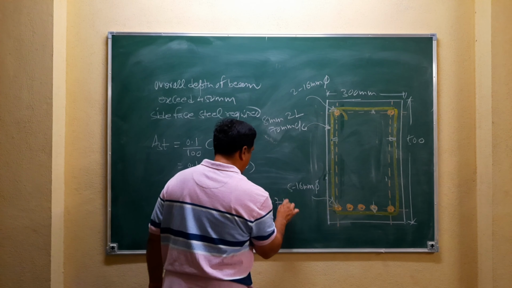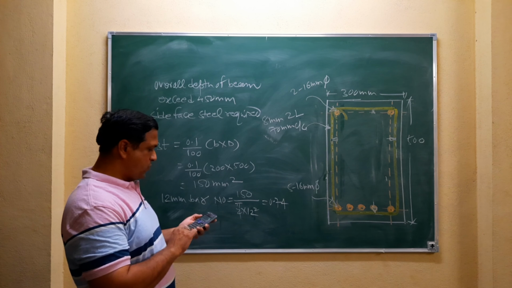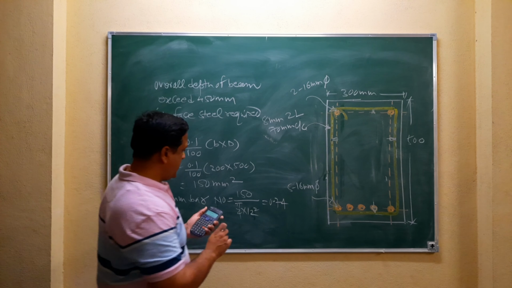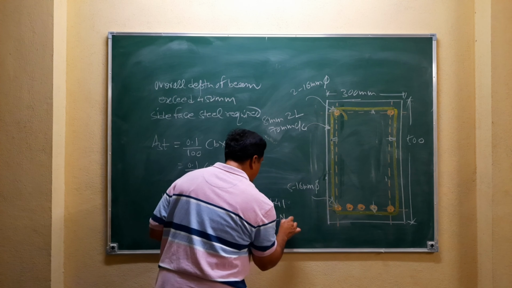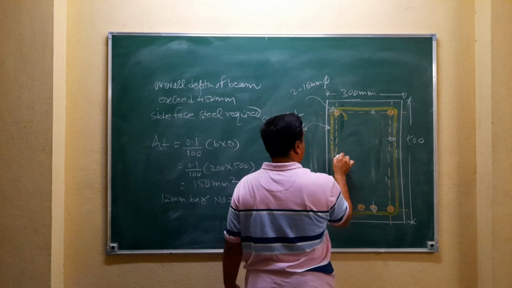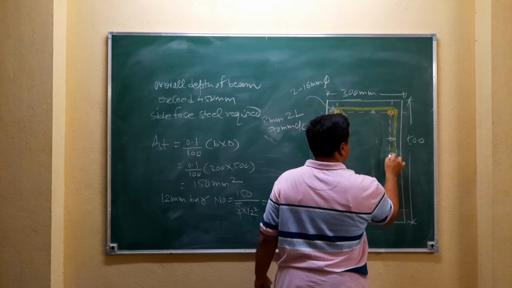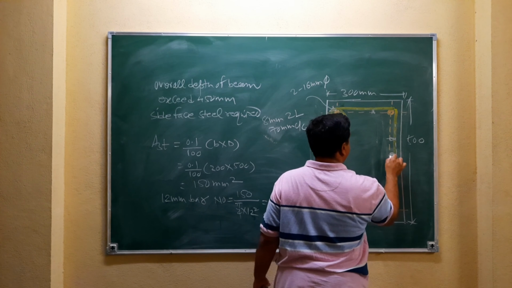So instead of 16 mm bar diameter, provide 12 mm bar diameter. So 150 divided by pi by 4 into 12 into 12, I think it is 1.41. Now it is 1.41, say two numbers. That means you have to provide two bars as side face reinforcement. So side face steel is 2 bars of 12 mm diameter.